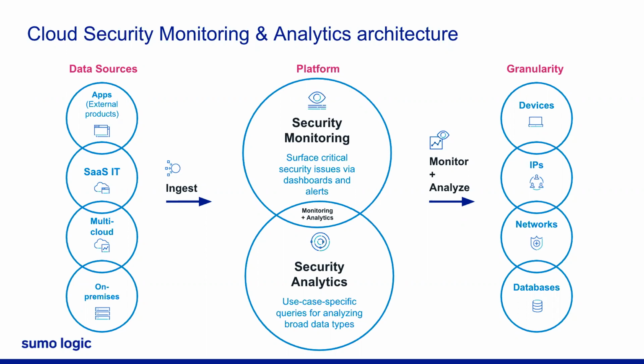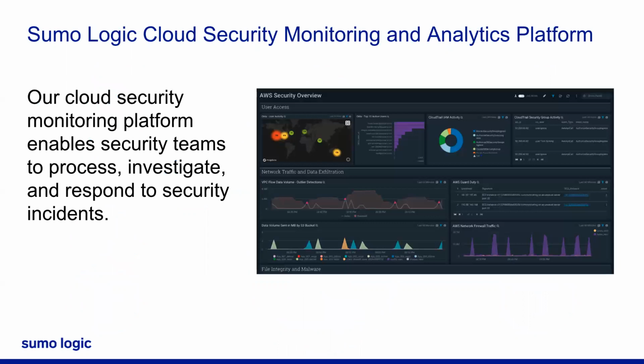Our granularity allows us to get down to the types of entities that you see across, so you can look at devices, you can look at IPs, you can look at them all together, whether it's networks or databases. It really gives you the granularity you need to perform your security functions. This is a screenshot of one of the dashboards.